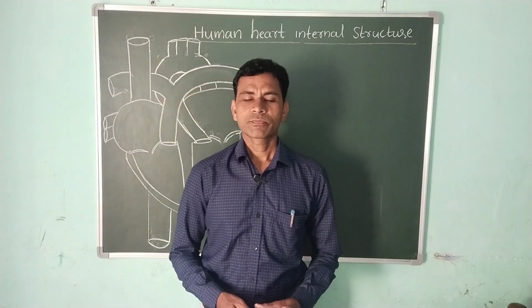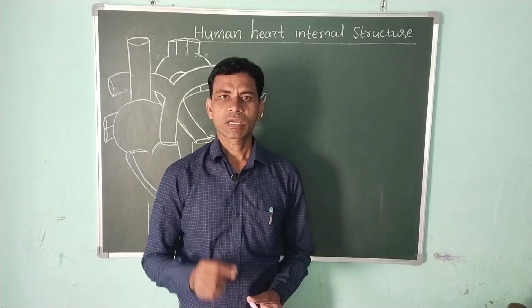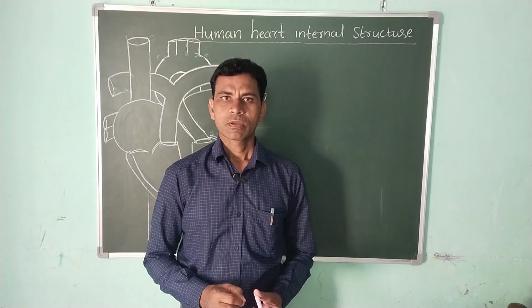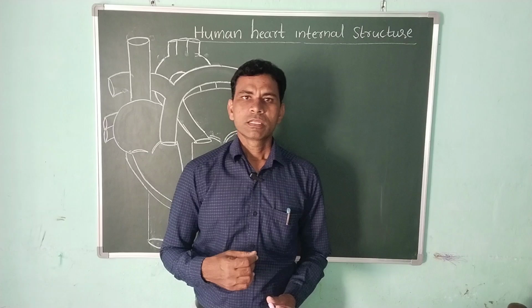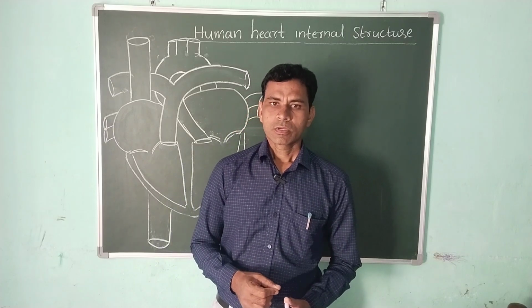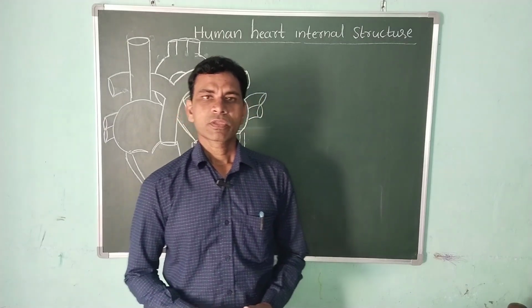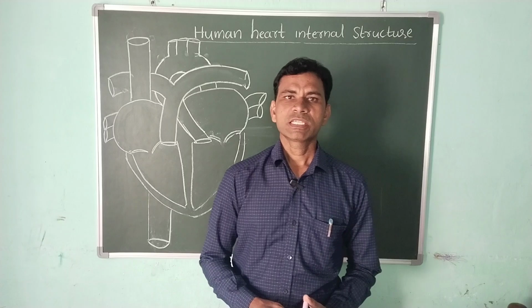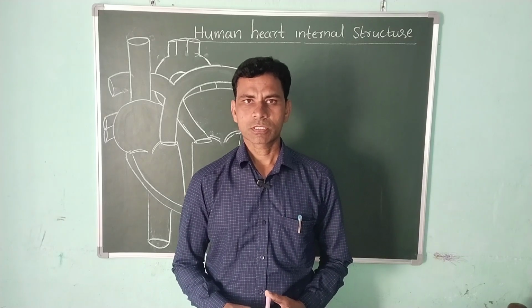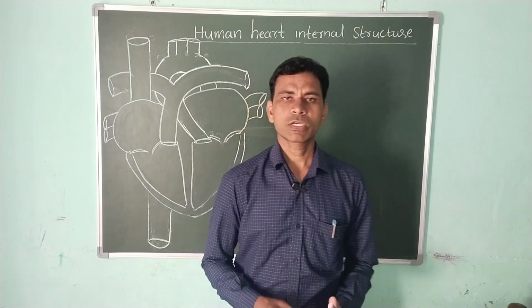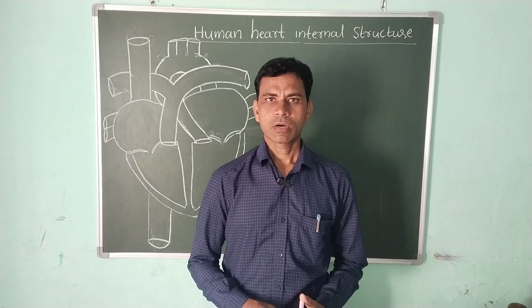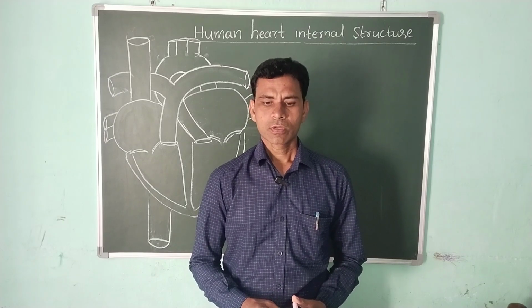Today our topic is the human heart's internal structure, and I will also tell its function. Before entering, we need a little basic information about the heart and why it is required for human beings and organisms.